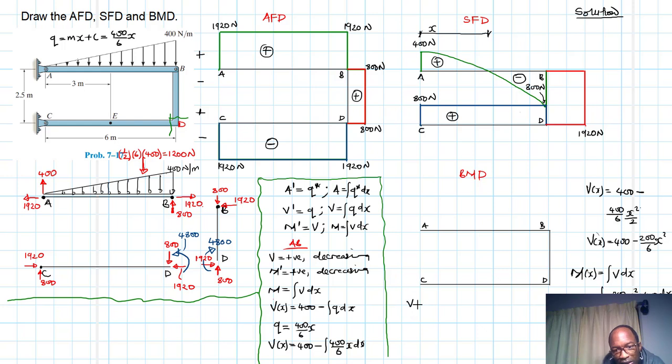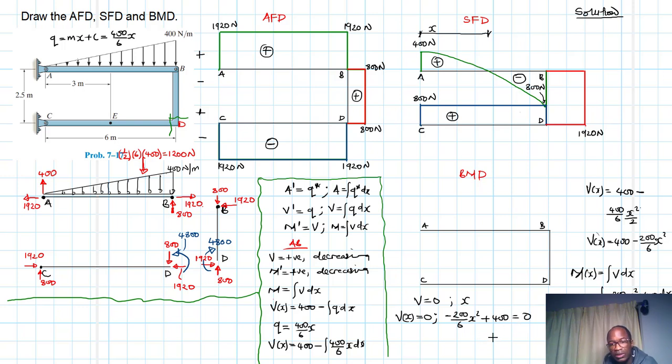So when v is equal to 0 at this point, then we are going to find the value of x. This is what I meant. So now we make v of x equal to 0, which gives us the equation minus 200 divided by 6 x squared plus 400 equal to 0.